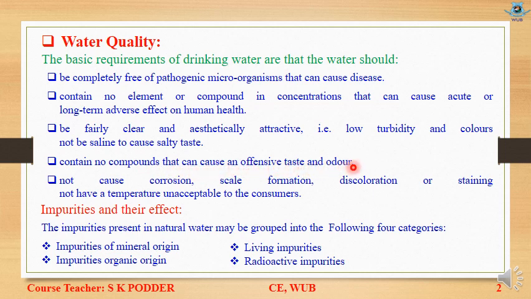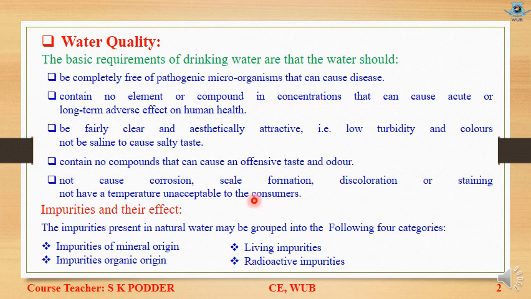It should contain no compounds that can cause an offensive taste and odor. So the water should not contain such type of material that is objectionable or causes offensive taste and odor. And the water should not cause corrosion, scale formation, discoloration, or staining, nor have a temperature unacceptable to the consumers.